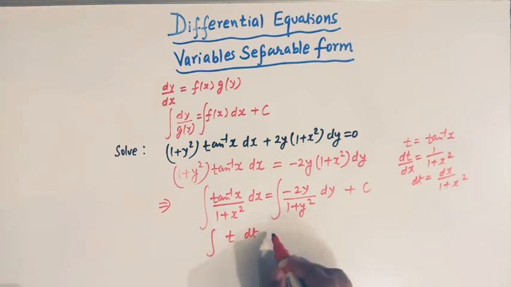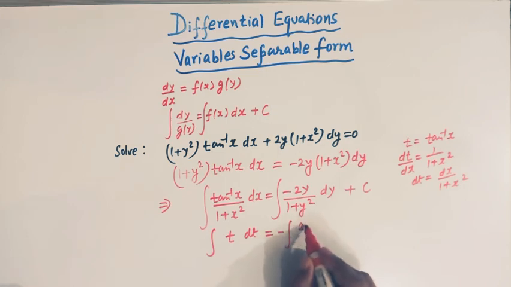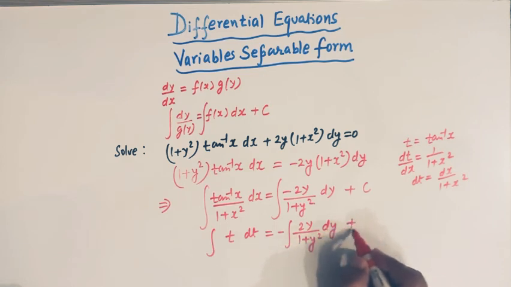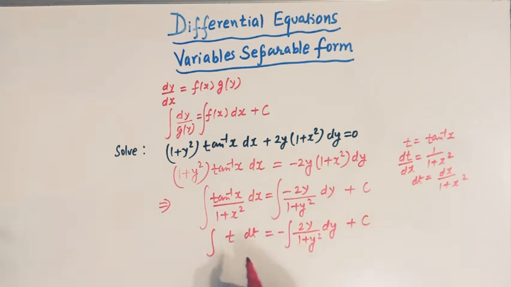And here we have minus the integral of 2y divided by 1 plus y square dy plus c. Now this is t square over 2, because the integral of t is t square over 2. This is minus, and here the derivative of 1 plus y square is 2y, so we have the integral log of 1 plus y square, plus c.